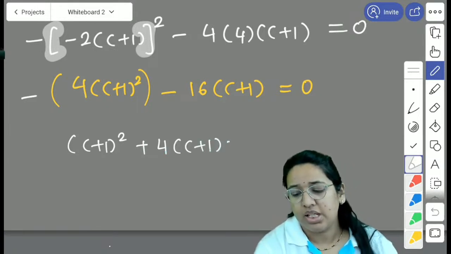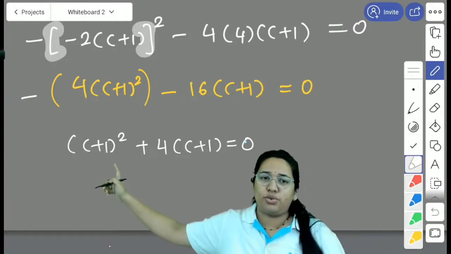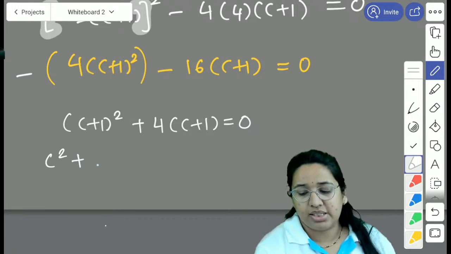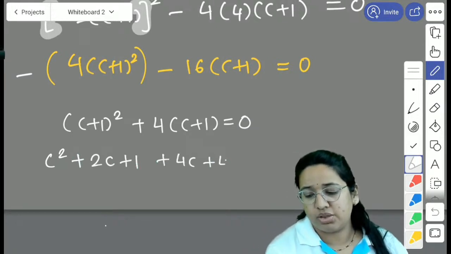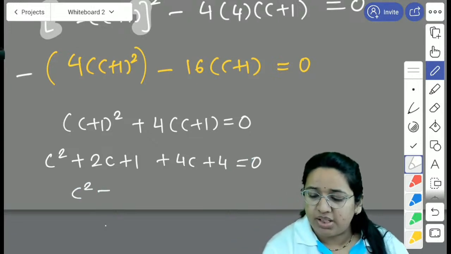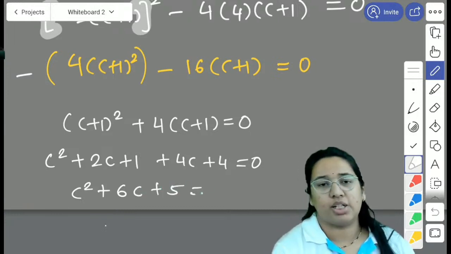(c plus 1) equals 0. So that's it. You just have to find what we get on expanding the square of this, which is nothing but c square plus 2c plus 1 plus 4c plus 4 equals 0. That is c square plus 6c plus 5 equals 0.